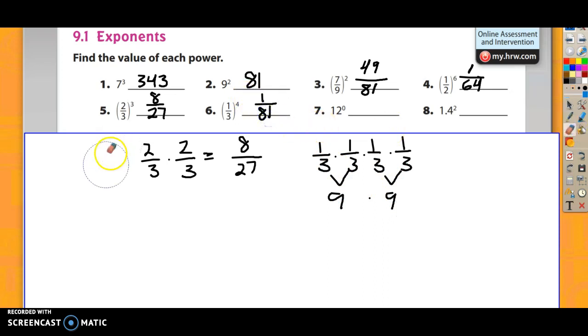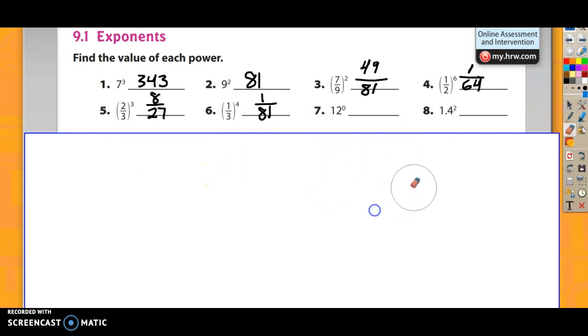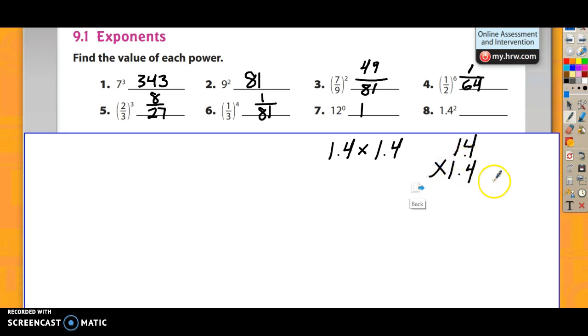12 to the 0 power, I want to remind you that anything to the 0 power has a value of 1. And 1.4 squared means 1.4 times 1.4. So I would solve this vertically, or you could use a multiplication chart to do 14 times 14. 4 times 4 is 16. 4 times 1 is 4, plus 1 is 5.